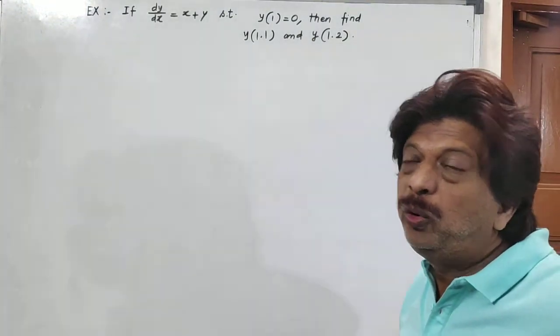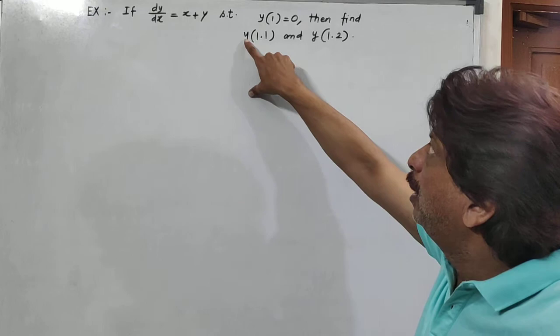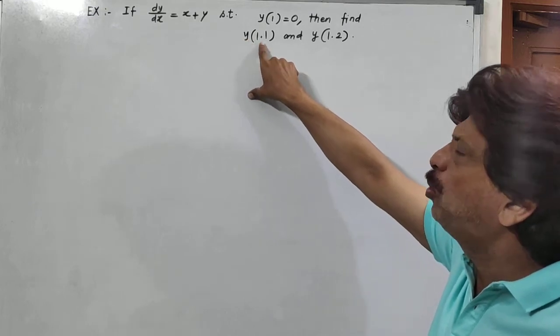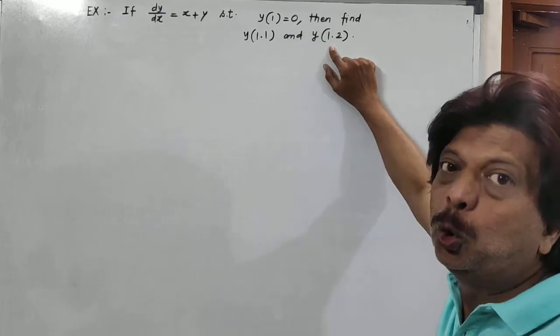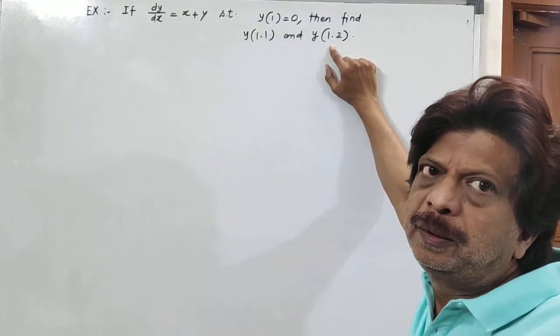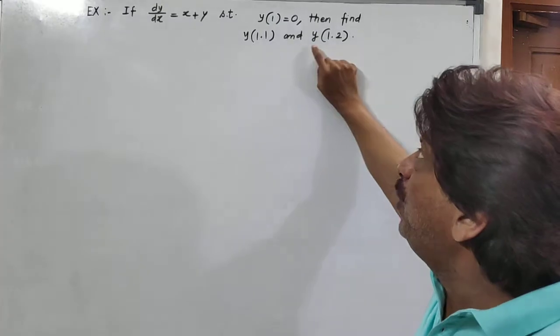What do we want to do here? We want to determine the value of y when x is equal to 1.1 and when x is equal to 1.2. What is given to us? Initial value of x is 1.